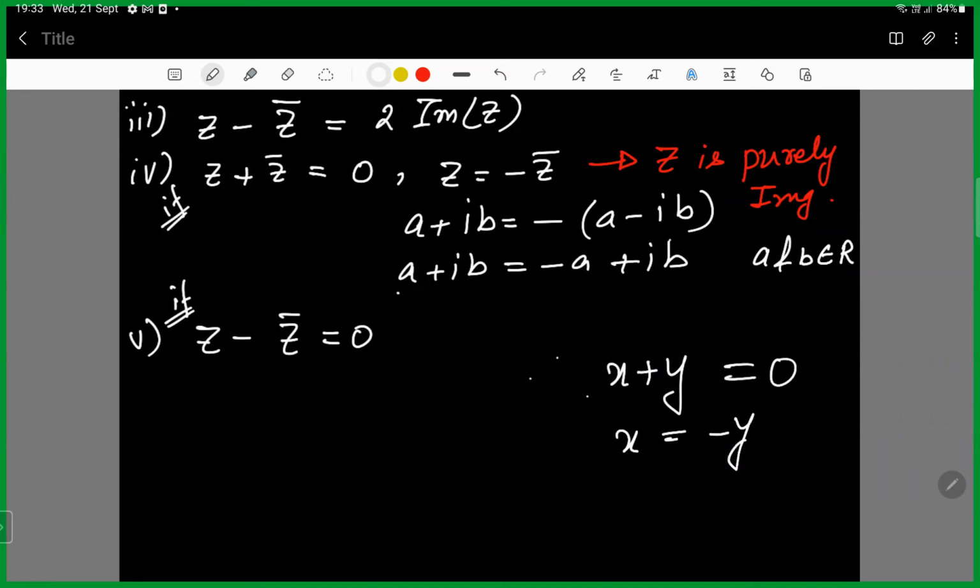This is fine. That's what I've written here. z is equal to a plus iota b, and the conjugate of z is a minus iota b, so minus of a minus iota b. If these two have to be equal, the imaginary parts are equal, b is equal to b, but a cannot be equal to minus a. So that's why it has to be imaginary. It cannot be real.